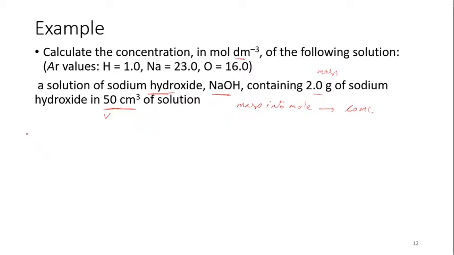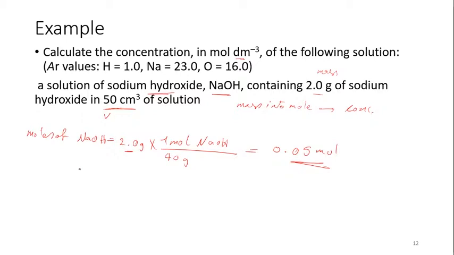So first step, moles of NaOH would be equal to, if I have 2 grams of NaOH, and I know that 1 mole of NaOH contains 40 grams of NaOH. So how many moles do I have? In that case I will have 0.05 mole.